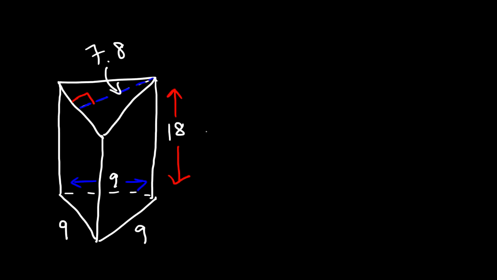So let's start with the volume. We have the length. We also have all three sides of the triangle. And this is the height of the triangle. So if that's the height, then this portion must be the base. And the base is 9. So this is basically an equilateral triangle because all three sides are equal. So now let's calculate the volume.